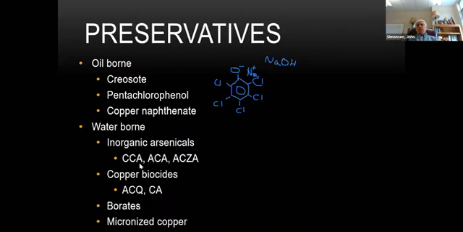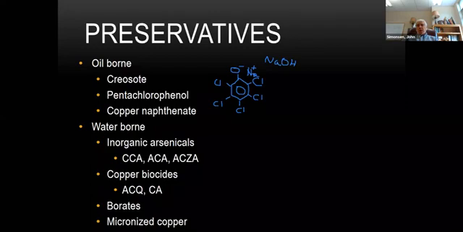So some scientists, not the treated wood industry, tested the surface of the wood and found that if they just took a cloth and wiped the surface and then tested the cloth, they got arsenic. So children were being exposed to arsenic on the treated playground equipment.